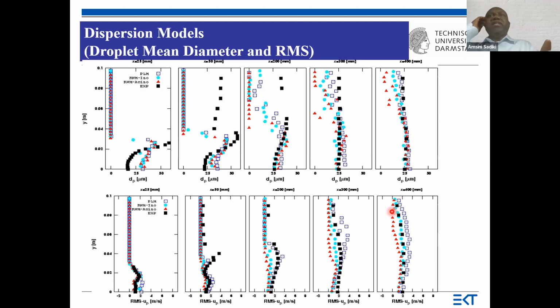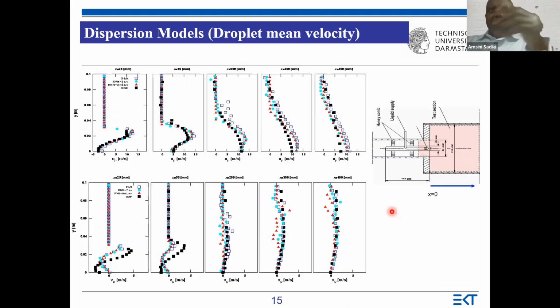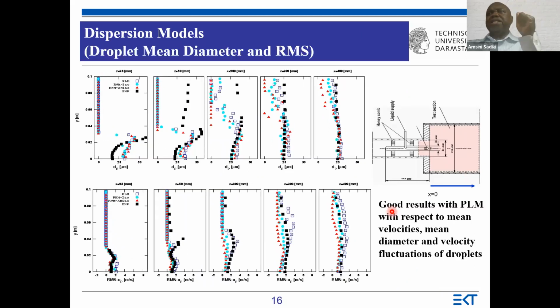So my message is, it is better to use a dispersion model if the Stokes number allows, if the ratio of the relaxation time divided by the integral time of the fluid flow is very small. The same results follow here. It is only to demonstrate that everything is correct, and that is the output, the good result with the Langevin model with respect to mean velocity, mean diameter, and velocity fluctuations.